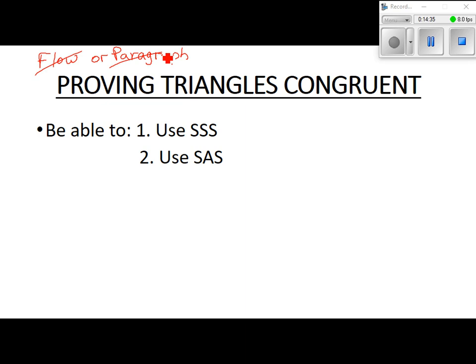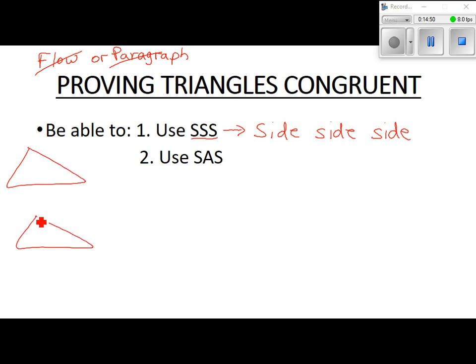Does anybody remember what SSS stands for? Side, side, side. What that's telling us, and how this is going to shorten things up and make them easier, is that if I'm given this triangle and this triangle, and I'm trying to prove that those 2 triangles are congruent, instead of proving all 6 parts, I only need to prove those 3 parts. This pair of sides congruent, this pair of sides congruent, this pair of sides congruent.